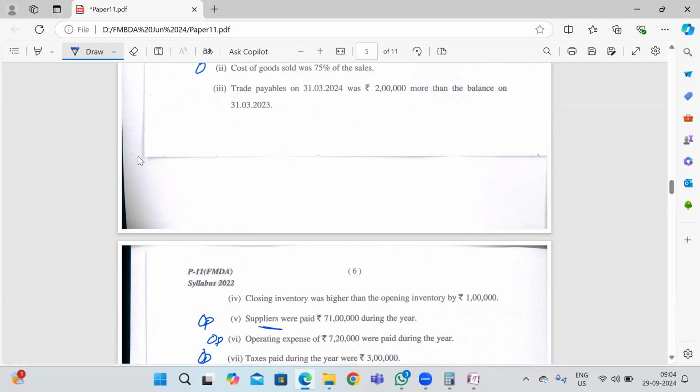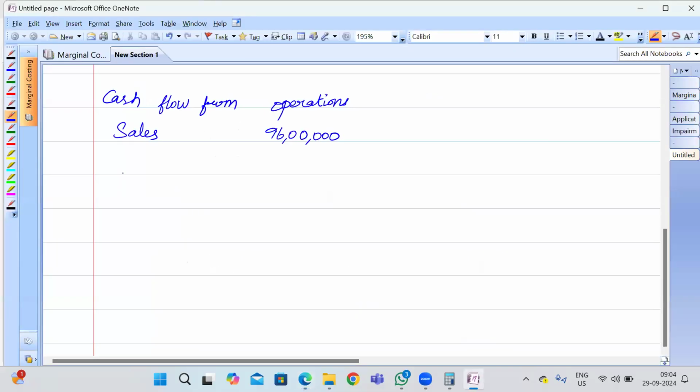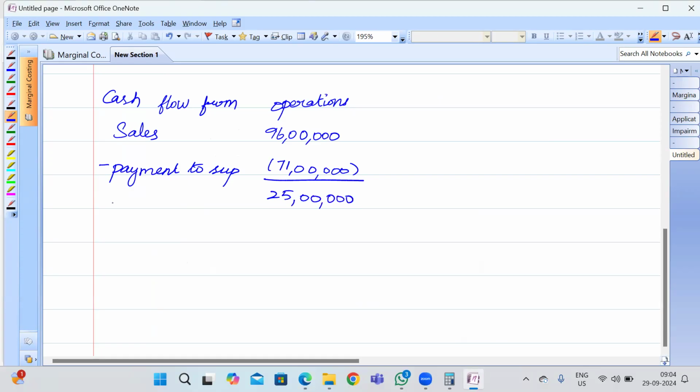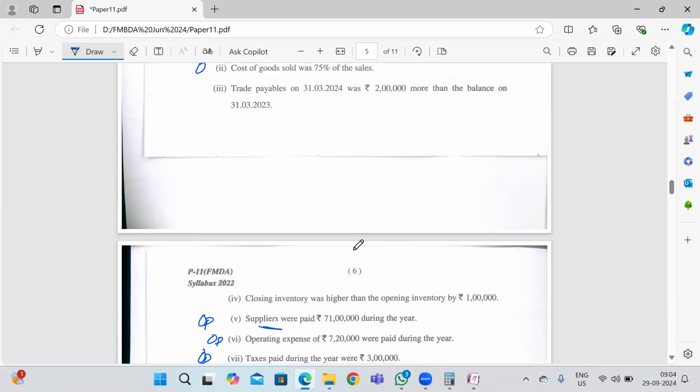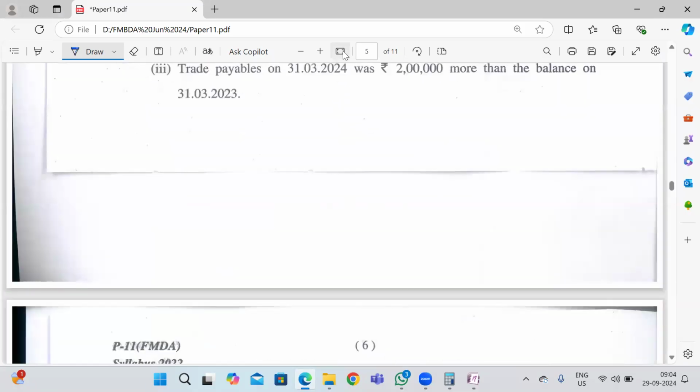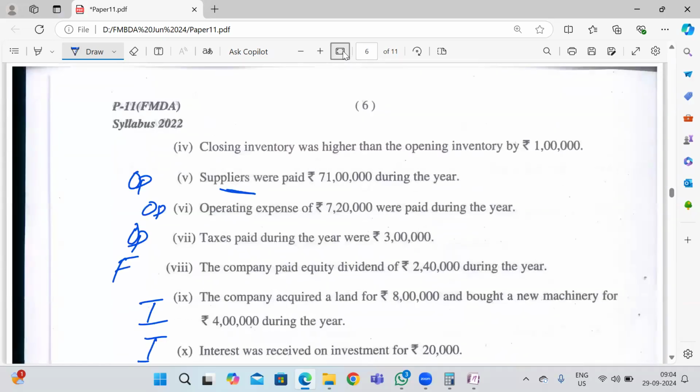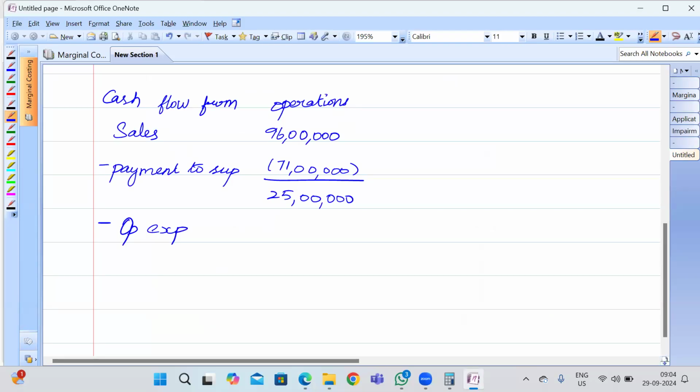I don't want cost of goods sold and all. So let's take payment to suppliers, that is 71 lakhs. So I'm reducing this, and I will be getting 25 lakhs. Less operating expenses. How much operating expenses do we have? 7 lakh 20,000.